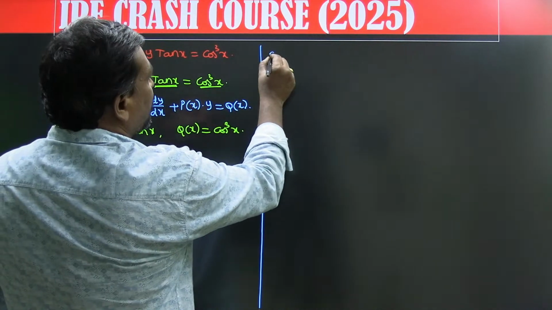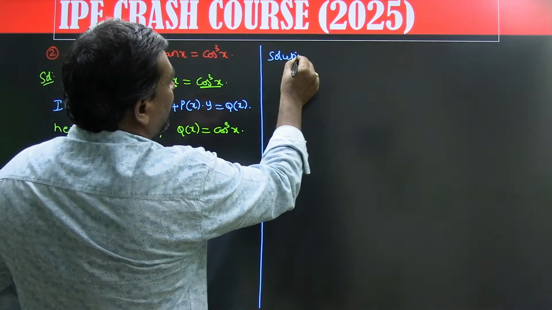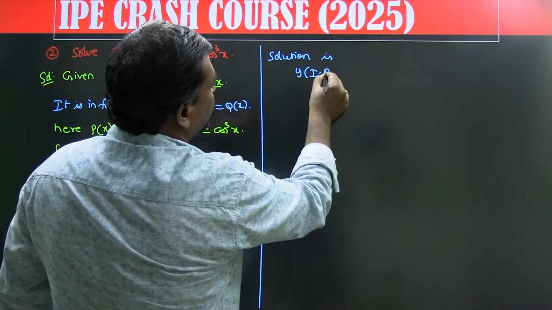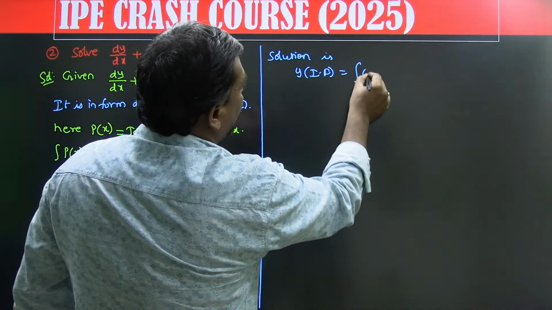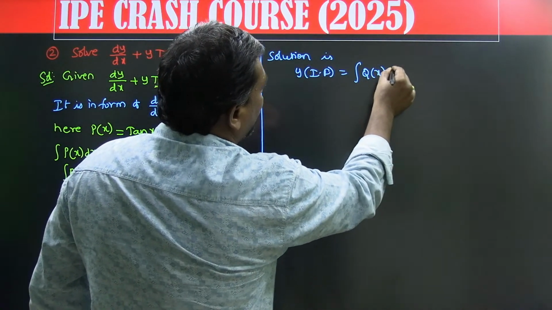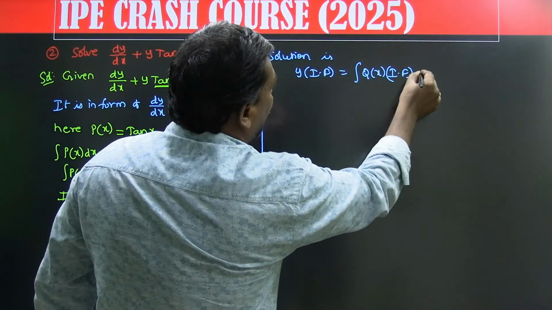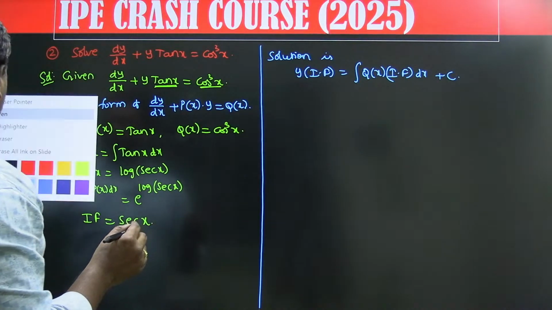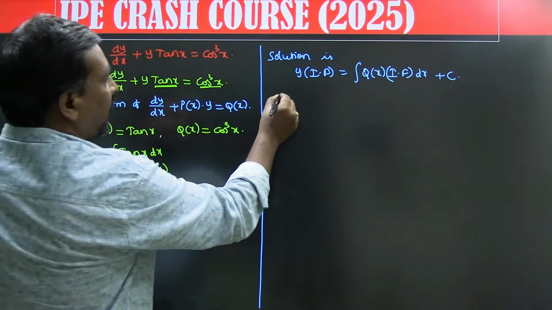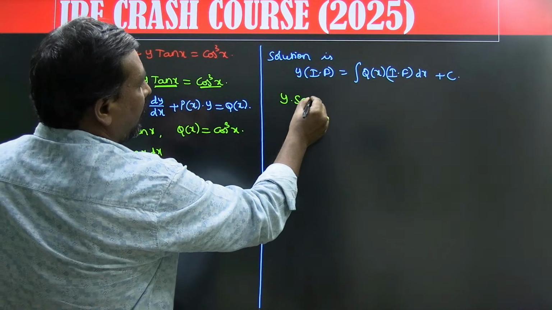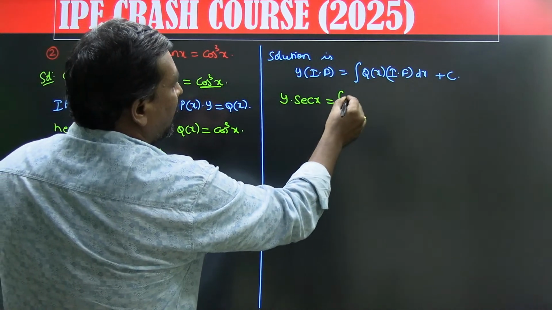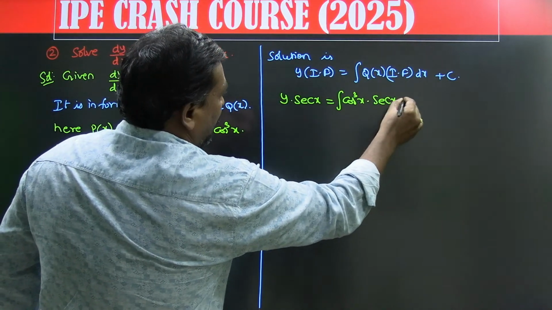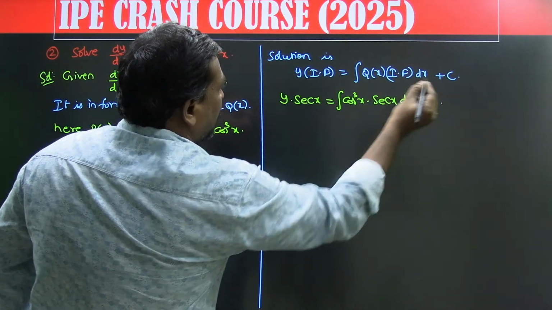What is the solution? Solution is y into IF is equals to integral q of x into IF dx plus constant c. Now the substitution in this one: y into secant x is equals to integral cos cube x into secant x dx plus constant c.